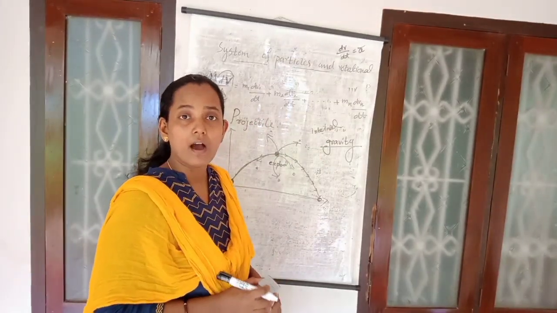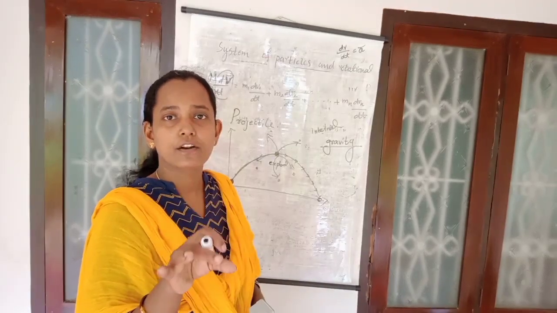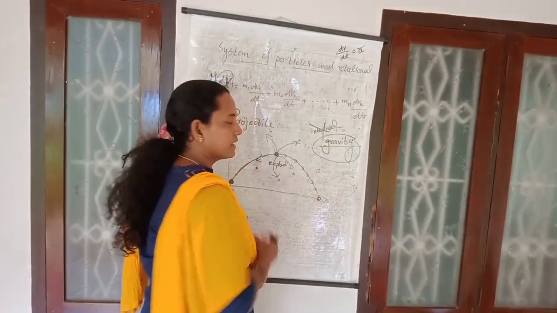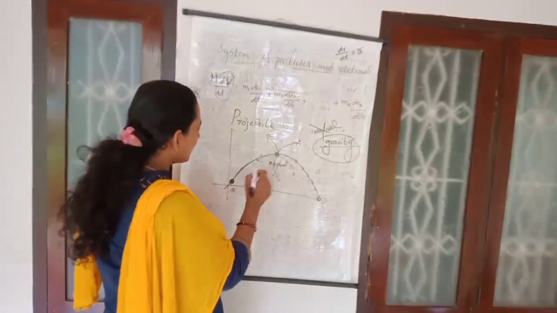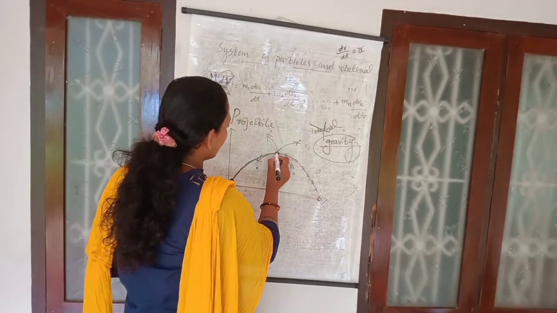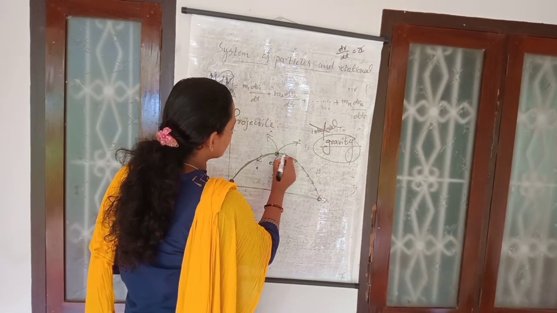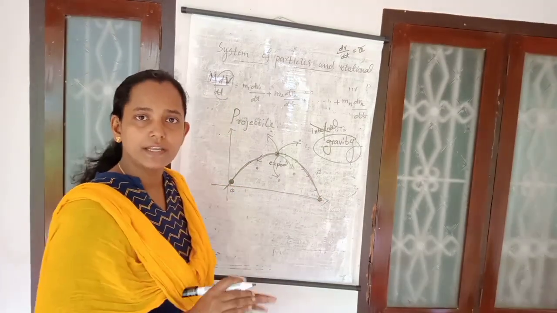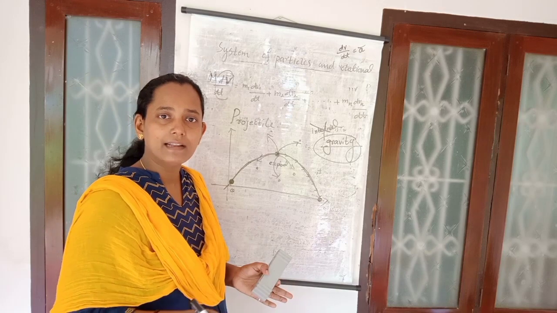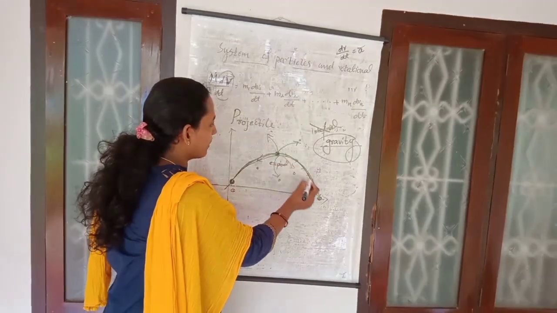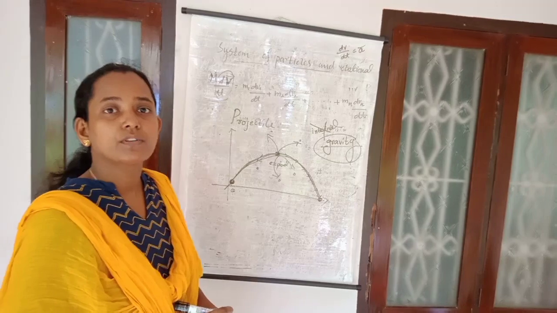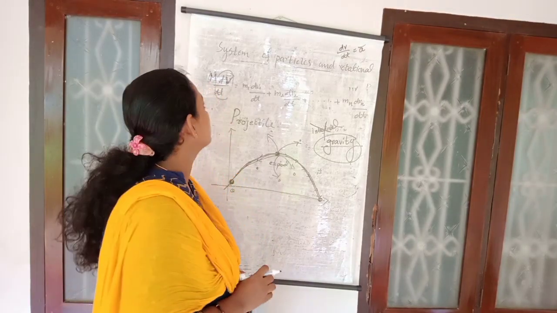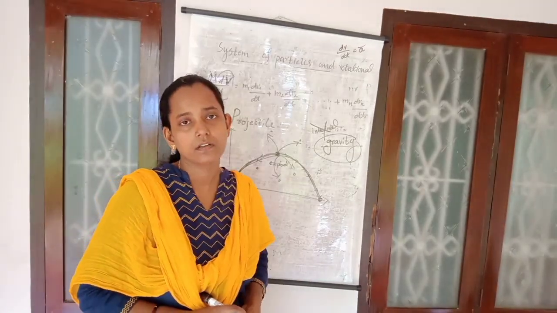But whenever we are studying the motion of a center of mass, no need to be bothered about the internal force, only the external force needs to be considered. Therefore, with gravity, the center of mass of that system follows the same path itself. Or in order to study that motion, we can say the center of mass will follow a parabolic path like this. So that's the description of the motion of the center of mass.